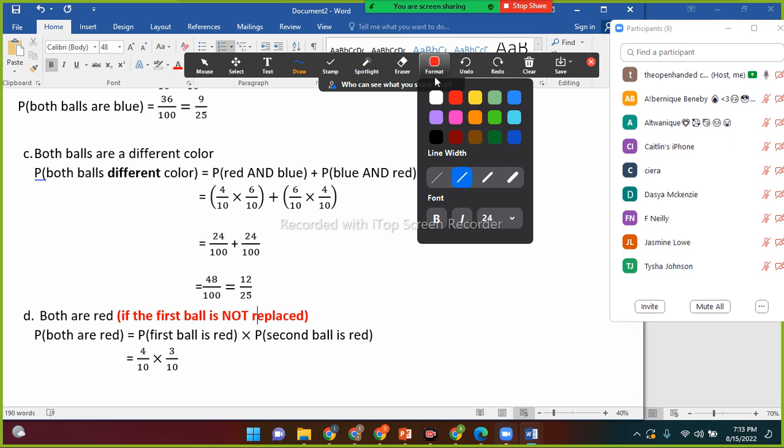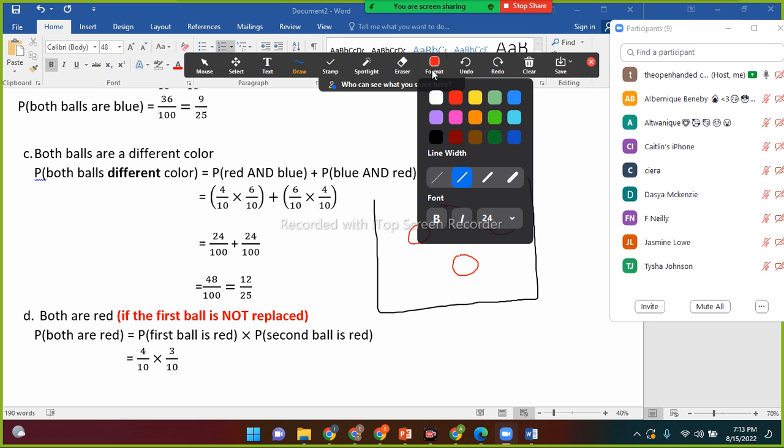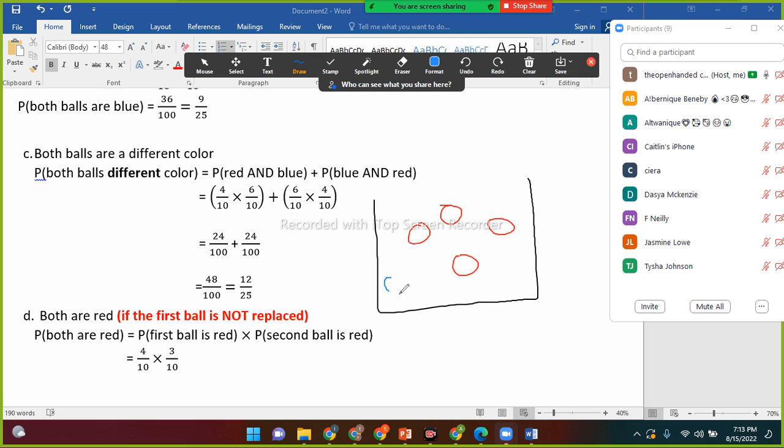Your experiment is that you have a basket that is full of balls. So we have 1, 2, 3, 4 balls, and then 1, 2, 3, 4, 5, and 6 balls, right?